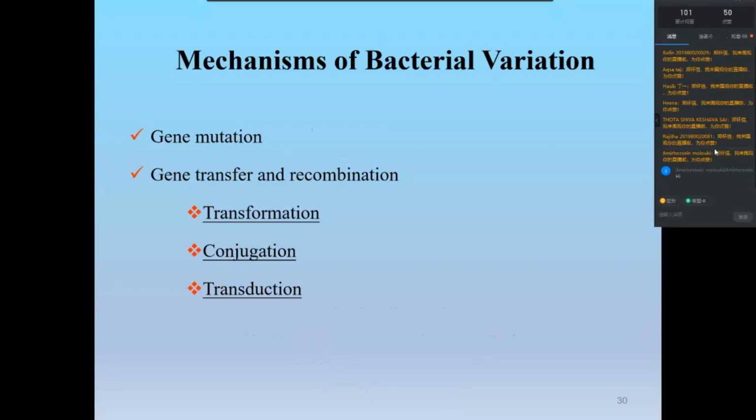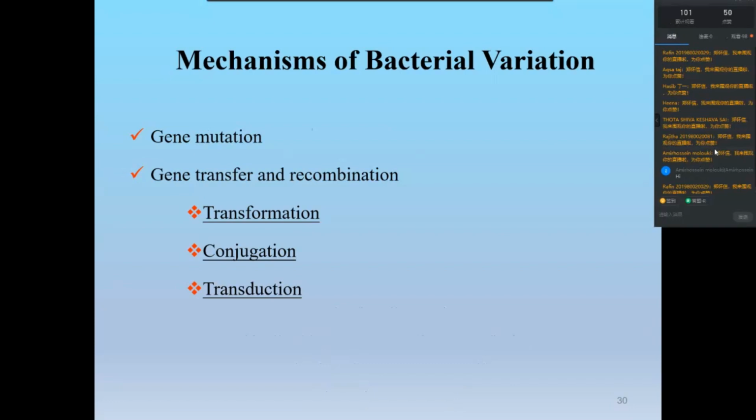The other point we want to talk about is gene transfer and recombination. This means that the gene can go from one bacteria or one species to another. And we'll learn what is transformation, conjugation, and also transduction.